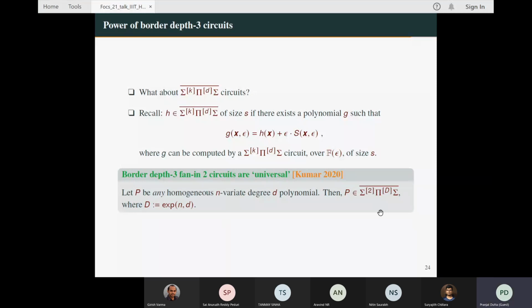Classically, without border, there are polynomials that can never be written as Σ2ΠΣ, no matter how large d is. But if you allow border, then any polynomial P can be written in the border, although in the proof d was exponential. So these Σ2ΠΣ border circuits are universal: any polynomial can be written that way.